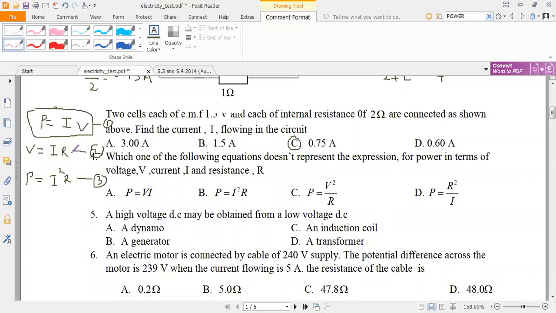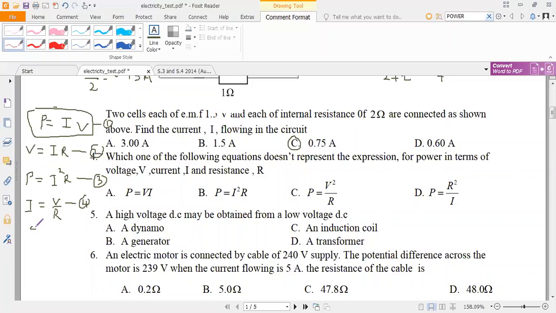Then from equation 2, if we make I the subject of the formula, we end up having I is equivalent to V out of R. So this is equation 4.